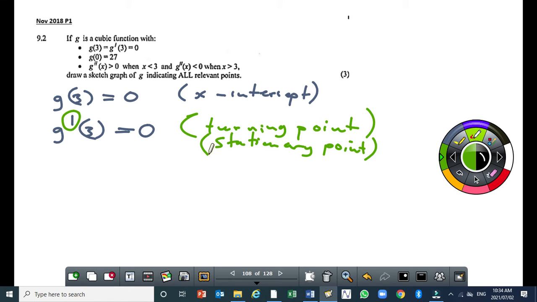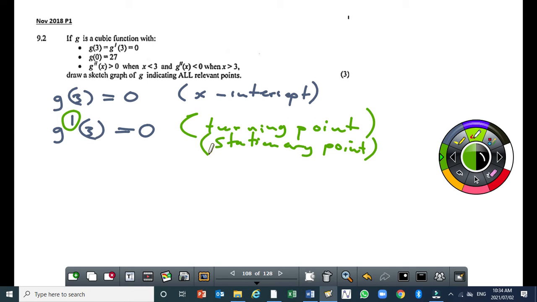What does it mean from your understanding? Yes, the x-intercept is the same as the x value at the turning point, which means one of the two turning points is on the x-axis.